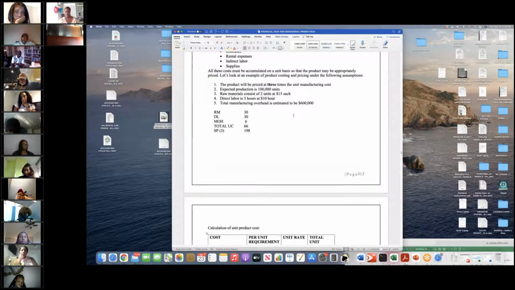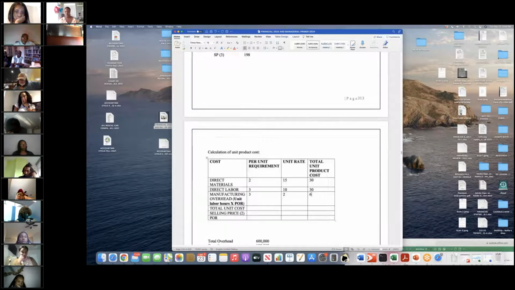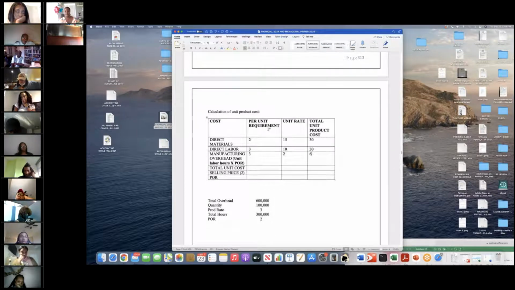So it's the same as we had here, but because we may be making more than one product, and we will in the next chapter, we won't be able to say we made 100,000 of this unit, 200,000 of these, 50,000 of these, and add those quantities together. A better way to allocate this overhead is going to be based on the number of hours that are worked.